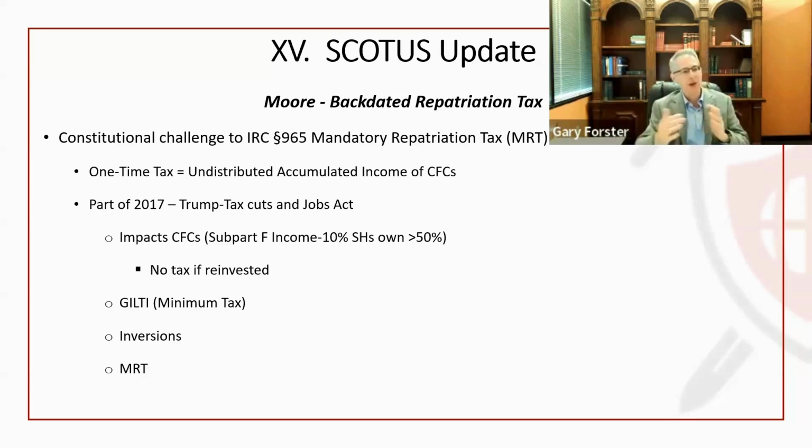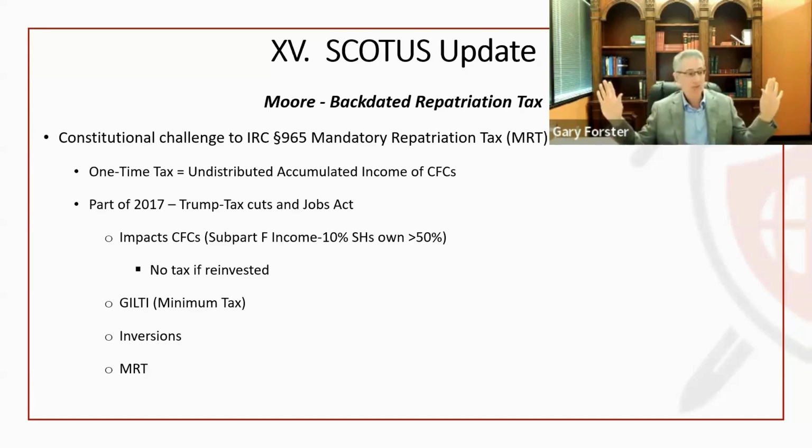So the backdrop is there are controlled foreign corporations. In other words, there are offshore entities that are controlled by Americans. Americans that own 10% in those companies, which overall are held more than 50% by Americans, right, have what's called subpart F income.